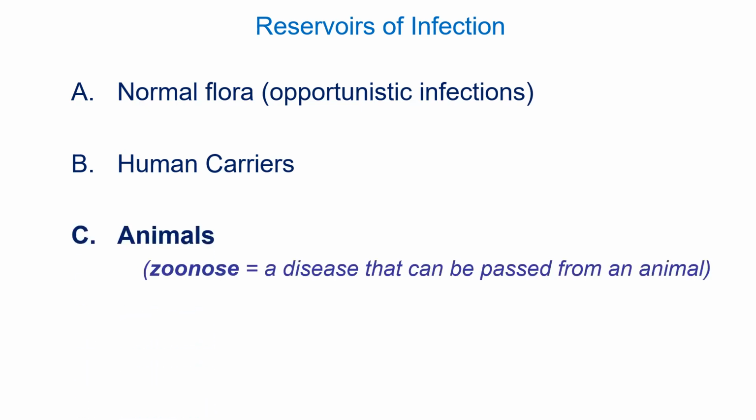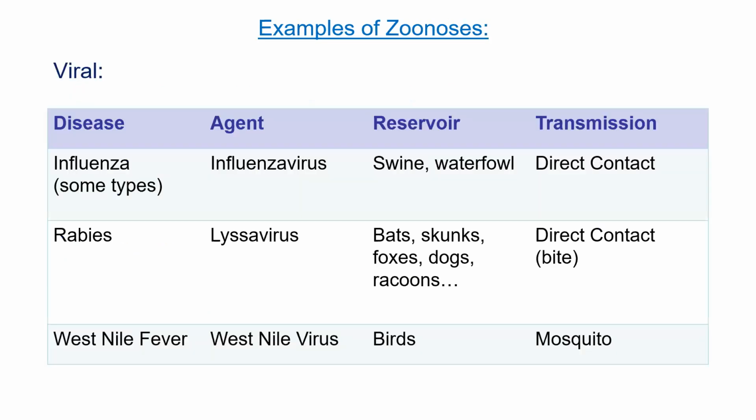Number 3 are zoonoses. And these are from animals. So we defined that already. I actually have a whole bunch here. I'll show you. Found these nice tables here. And some that you may not necessarily be thinking about as zoonotic diseases, right? So influenza can be from a human carrier if you're getting normal seasonal flu, but there are sometimes cases where people get flu from other animals.